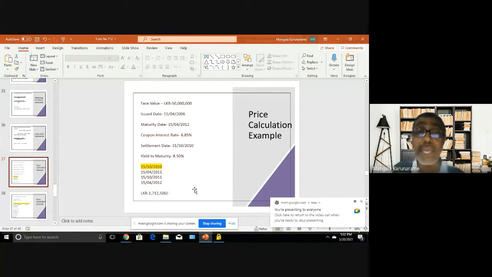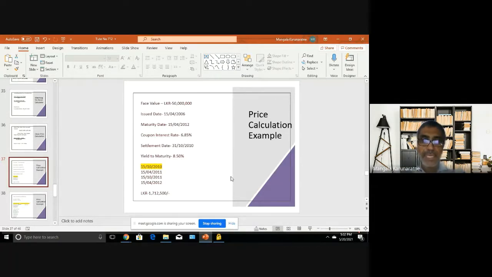The bond has a face value, which is a different thing. We are not paying face value to purchase the bond.